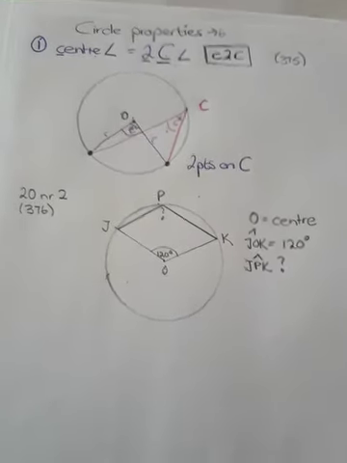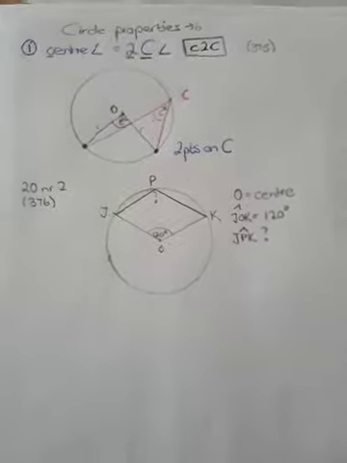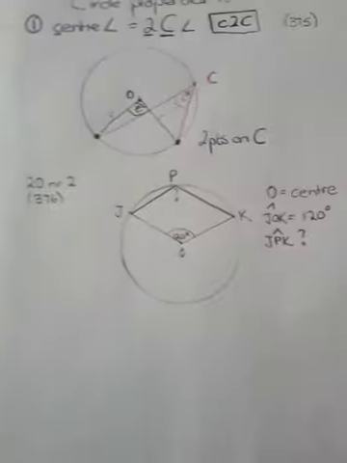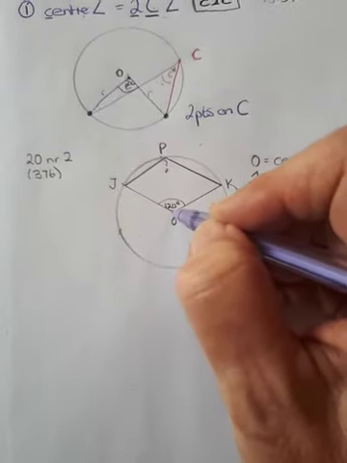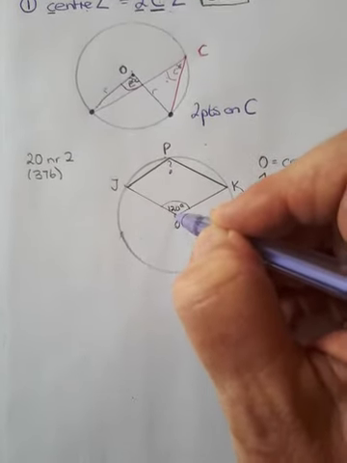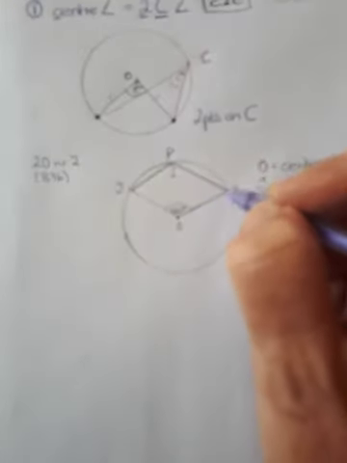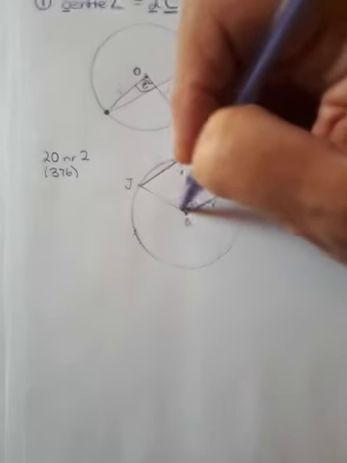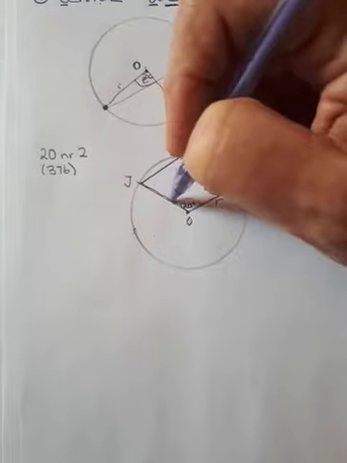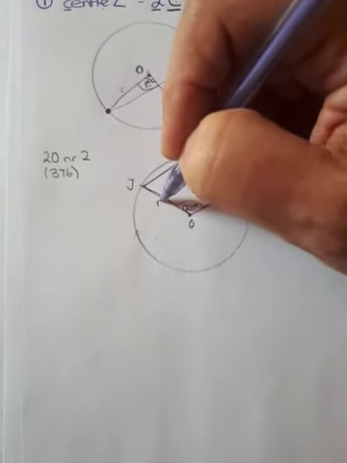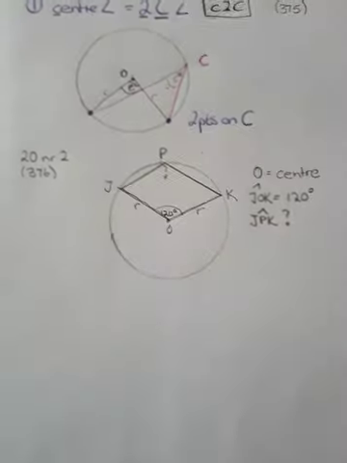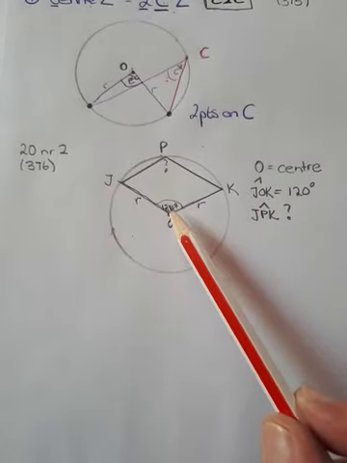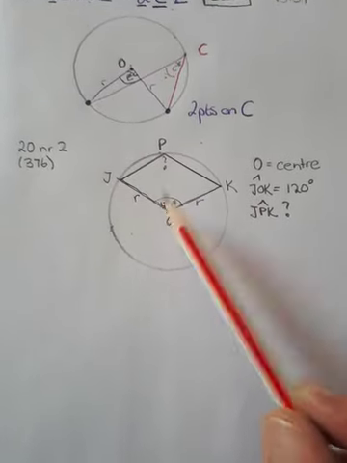Now, if we try to apply the law, you should see that we've got the center. OK is a radius and OJ is also a radius. So 120 degrees is a center angle.